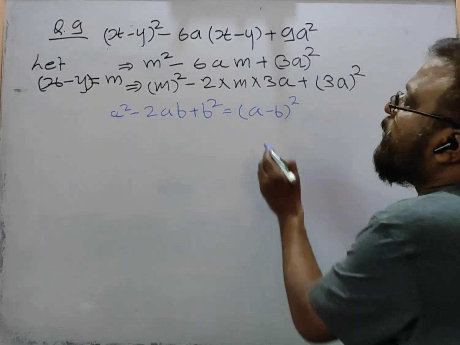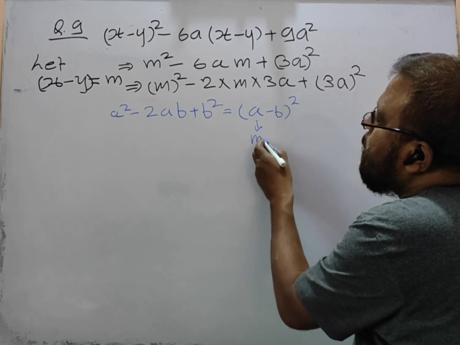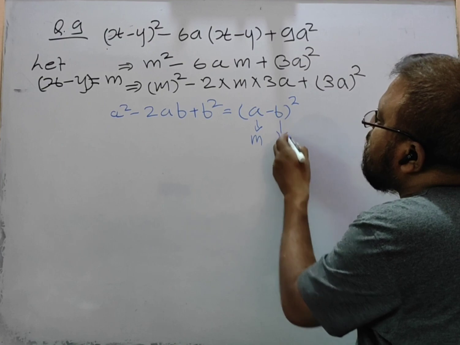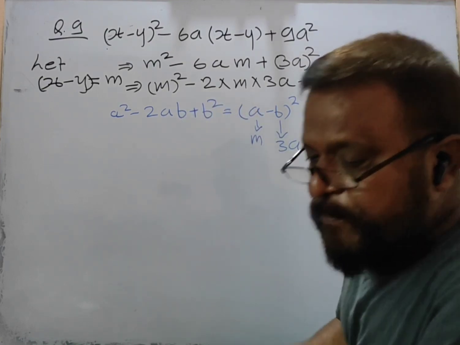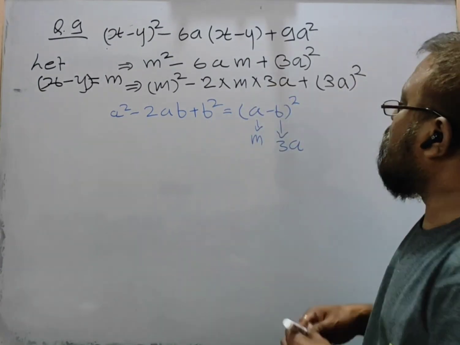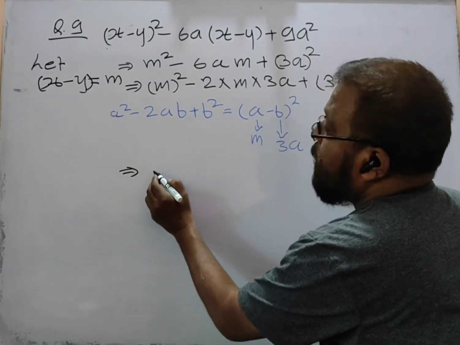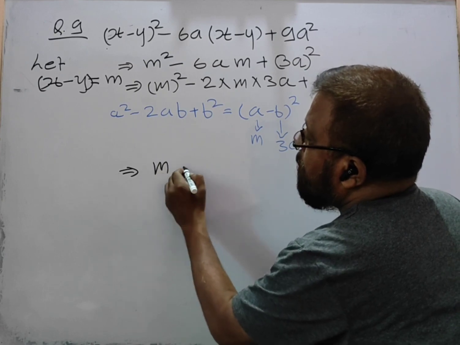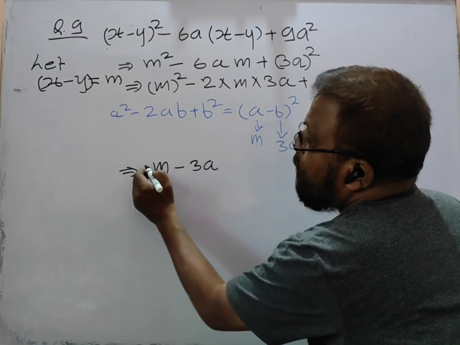So here a is m and b is 3a. So your answer will be (m minus 3a) whole square.